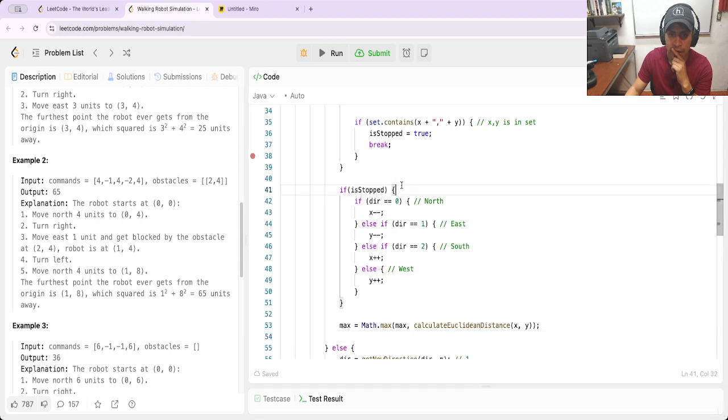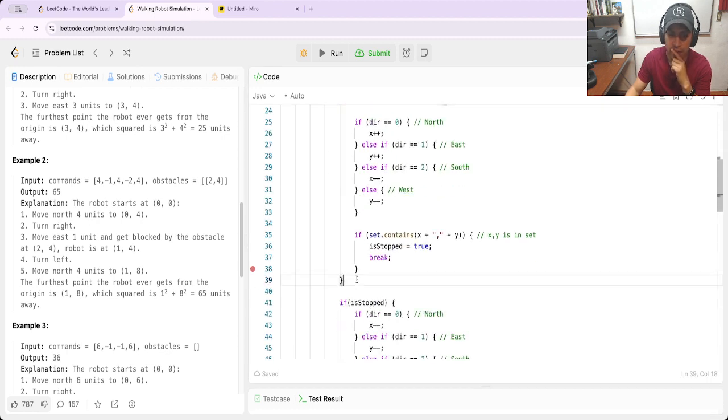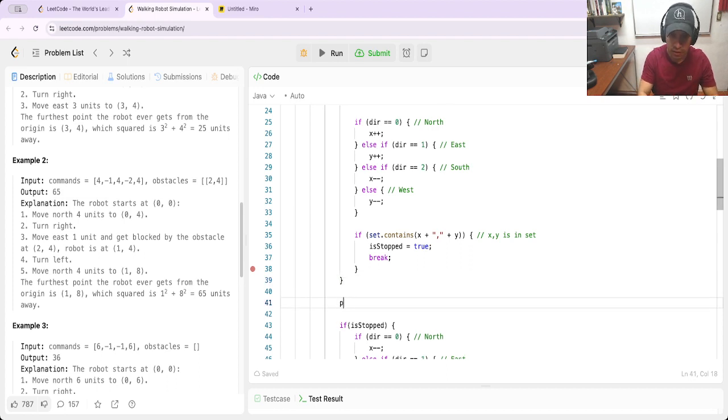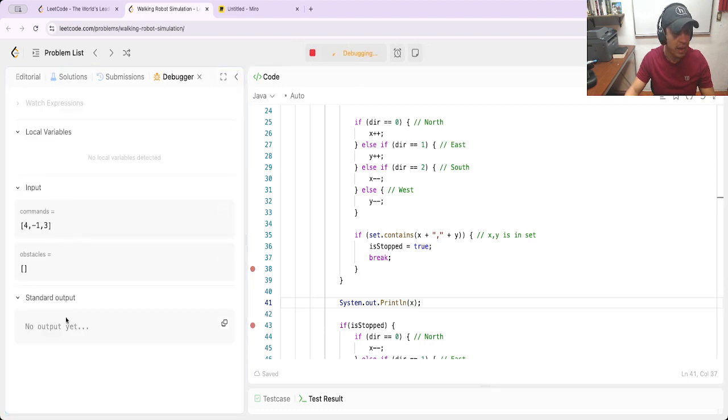In which here? Yeah, because it's before, after this. Okay. Here, print system dot out print line in X, and I'm not sure if I executed the debug here. Yeah, I think that is here.